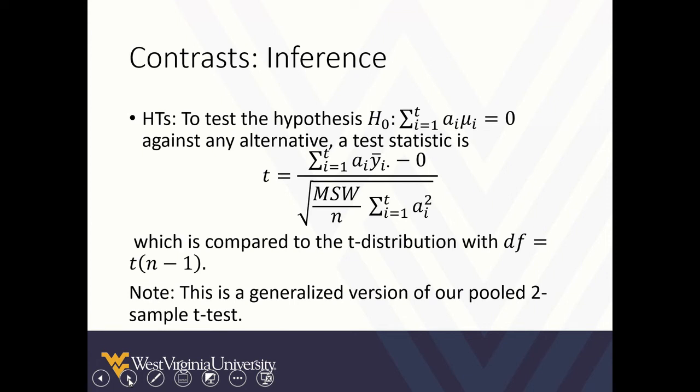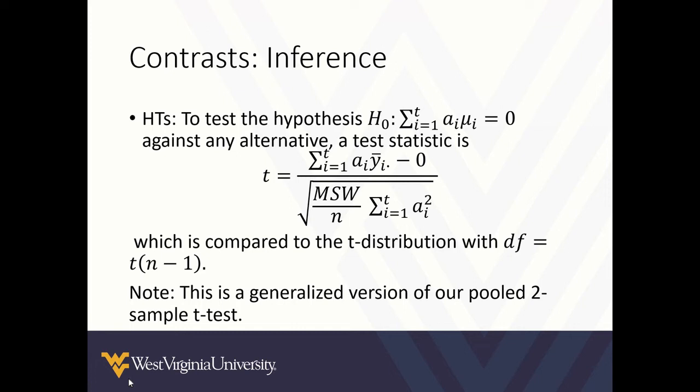And so as we have talked about doing inferences, to do an inference for a contrast, our hypothesis test would be to test the null hypothesis that the summation of i equals 1 to t of a_i mu_i equals 0 against any alternative.